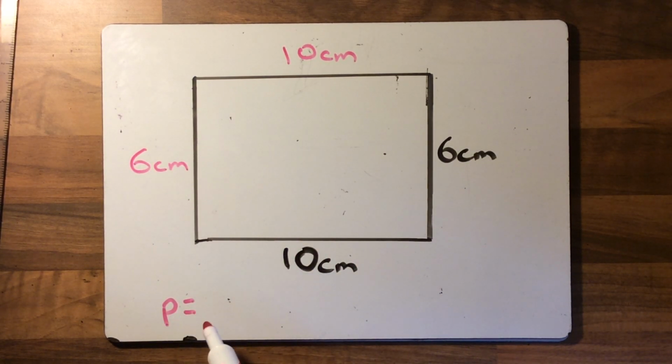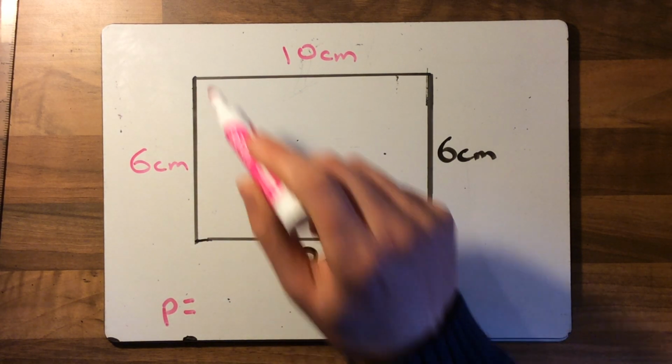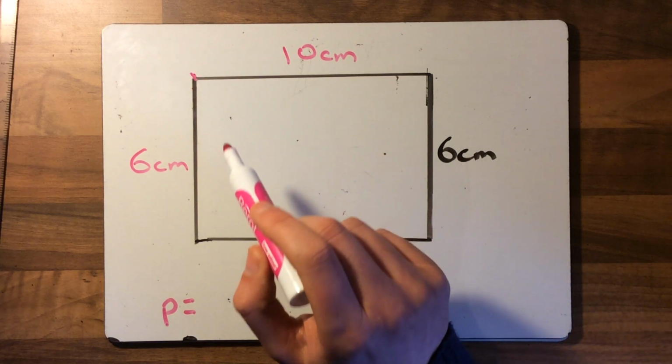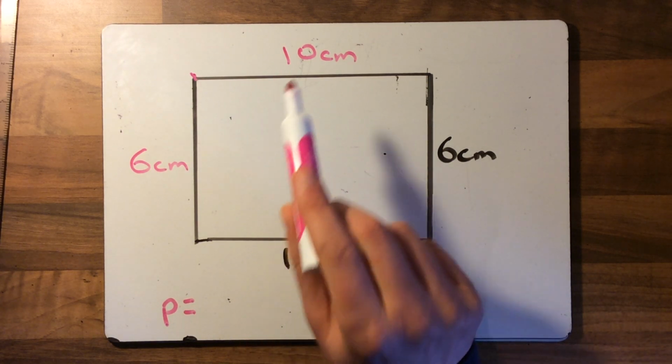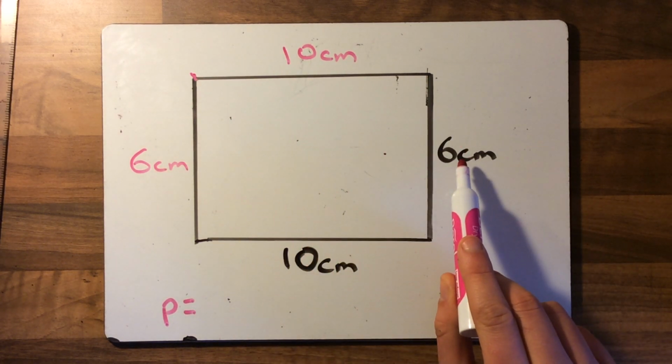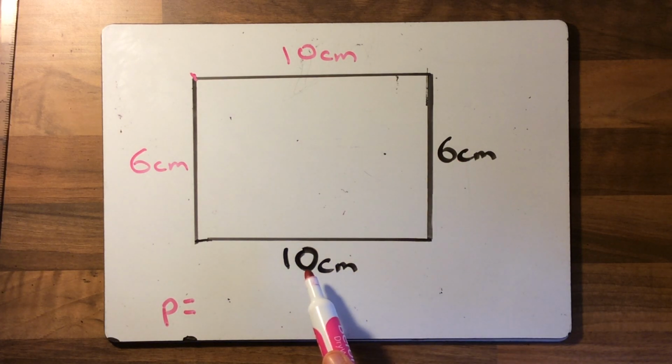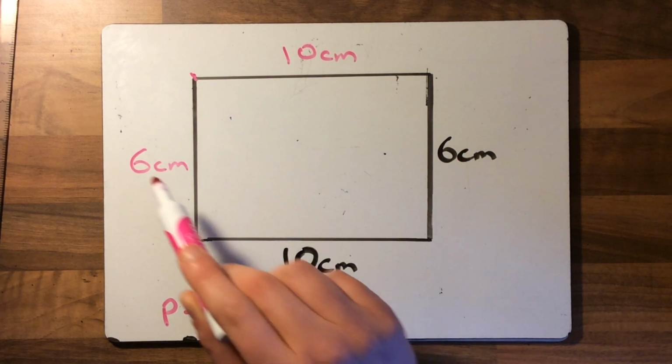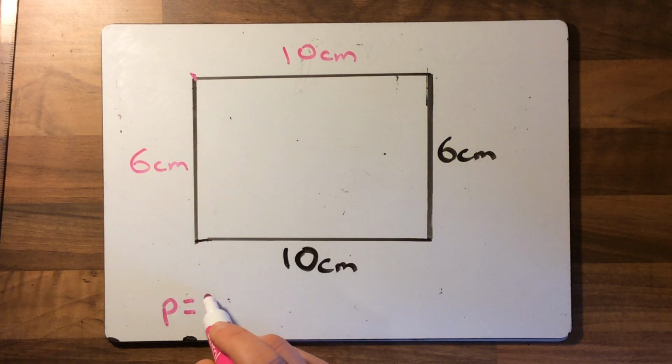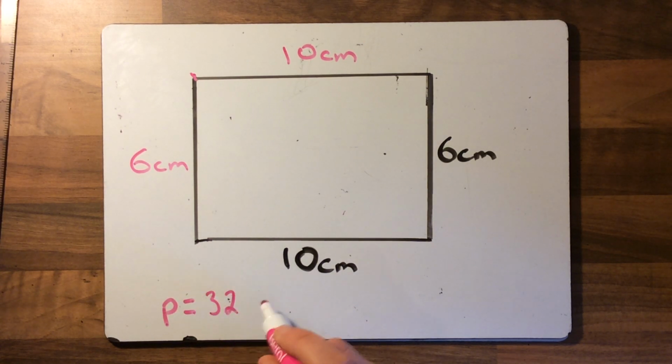Now at this point what we can do is just add up all of these numbers. So make a little marker in the corner so we make sure everything gets counted once and only once. 10 add 6 is 16. If we add another 10 onto that, gets us to 26. Add another 6 onto that, gets us to 32. So the perimeter of the shape is 32 centimetres because we've just added them all up.